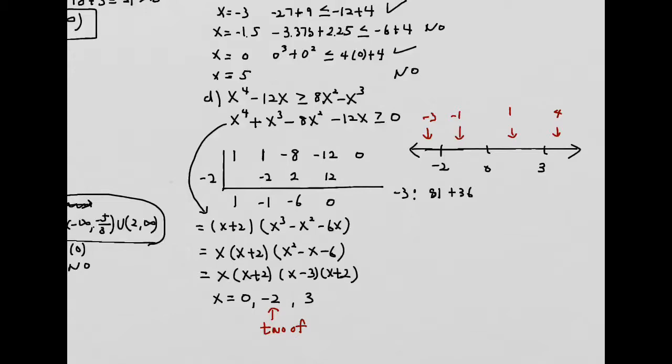Let's see if this is greater than or equal to negative 3 squared, which is 9 times 8, that will be 72, plus, because you're cubing negative 3, negative 3 times negative 1, right?